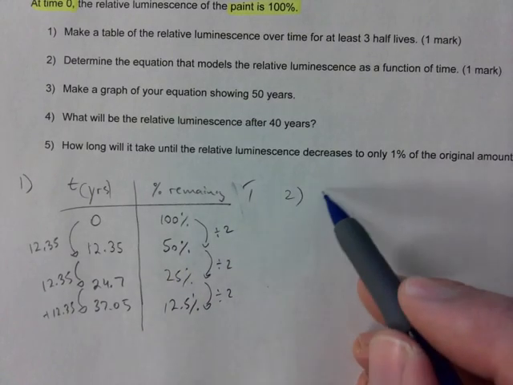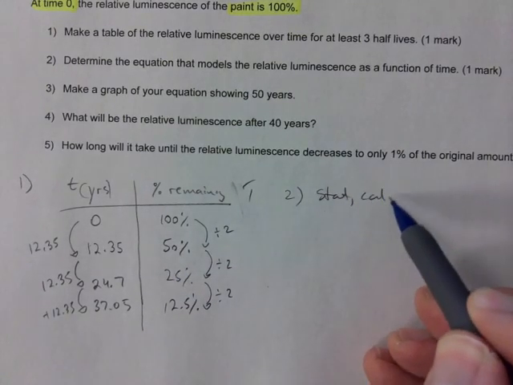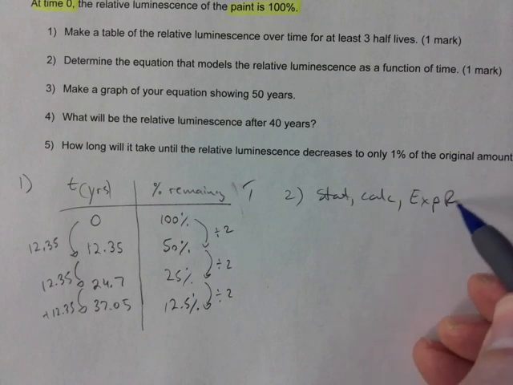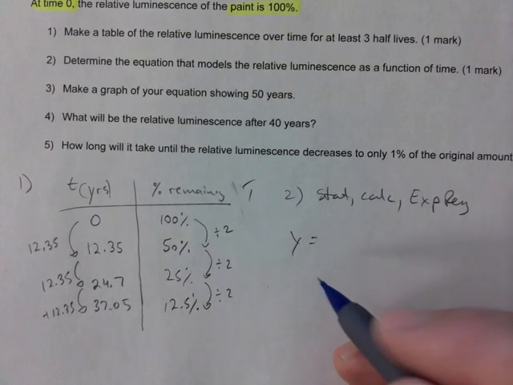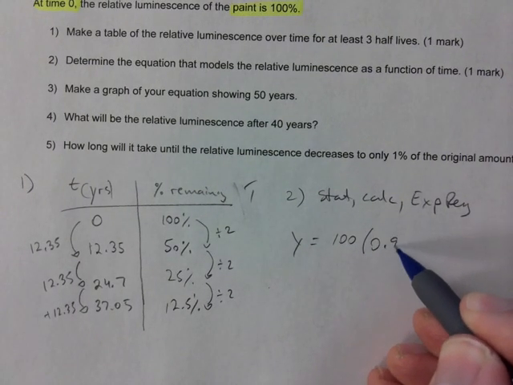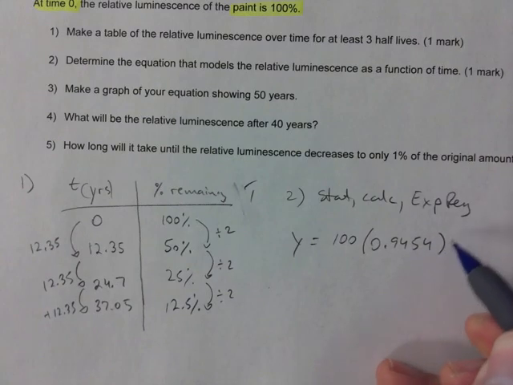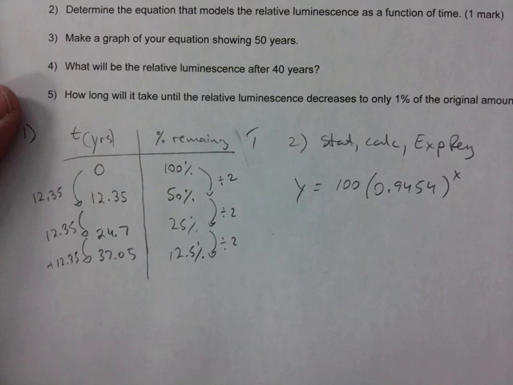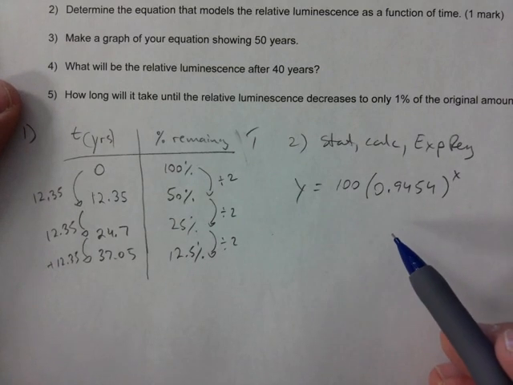Determine the equation. So we're going to go stat, calc, exponential regression. And when you do that, you get 100, which is what you start with, times 0.9454 to the x. Okay, so that's 3.